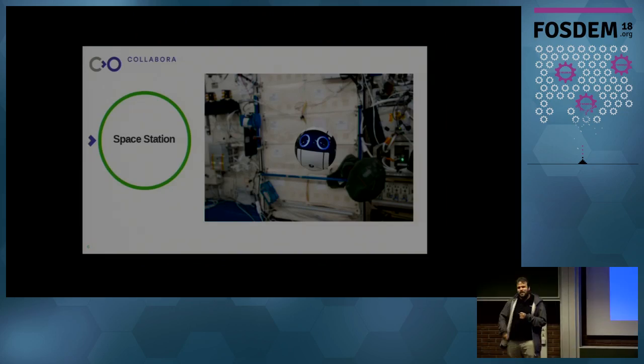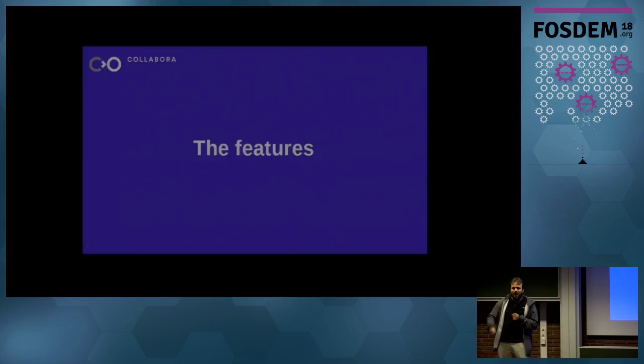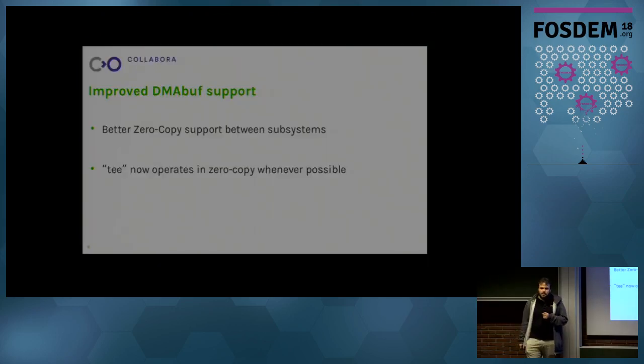So now that you know where GStreamer is used, I'll give an overview of some of the features that are new and that are more towards embedded devices, while Tim gave you more generic ones. One of the big ones is improved DMABuf support.